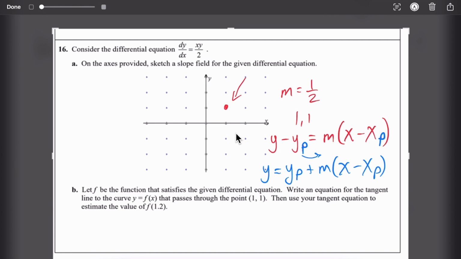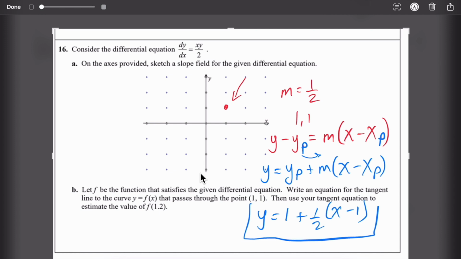We have our slope, and we have our yp is 1 plus 1/2 x minus 1. So that would be the line they're looking for. And then they want to use that to estimate the value of f of 1.2. And what we would do is just use this line and do 1.2 minus 1. And when we do all the math, we would get 1.1.